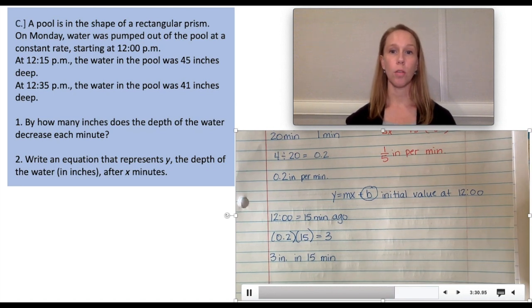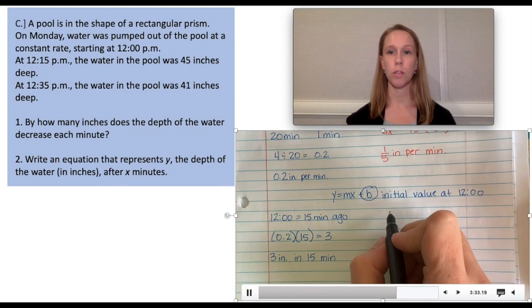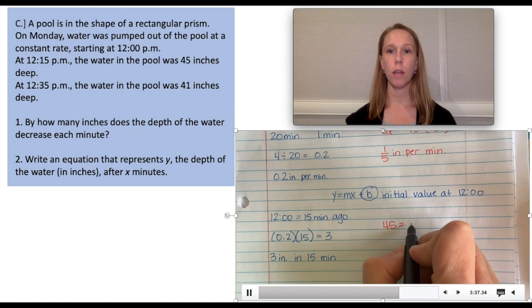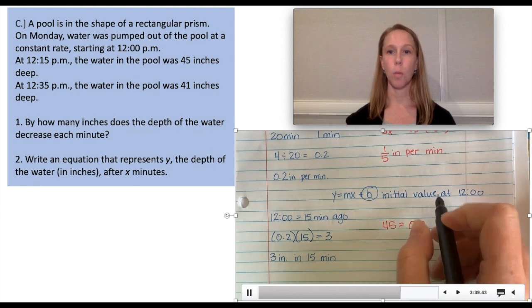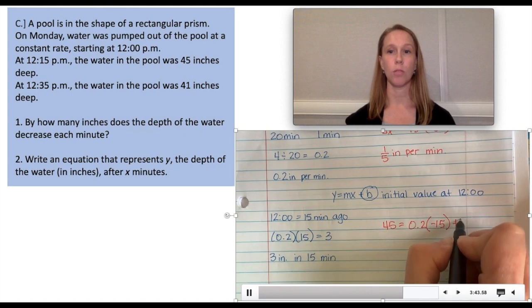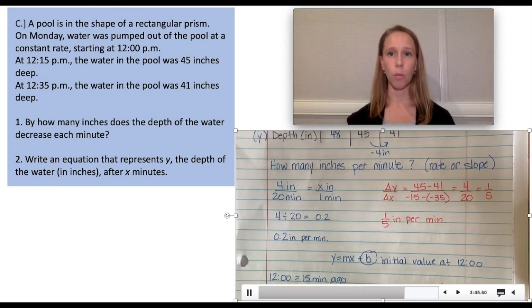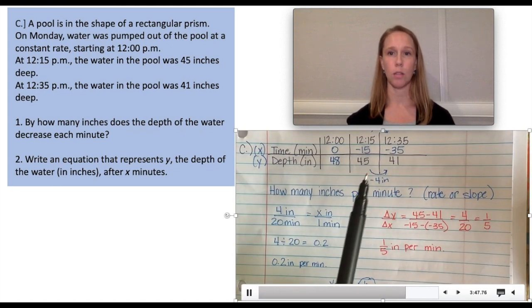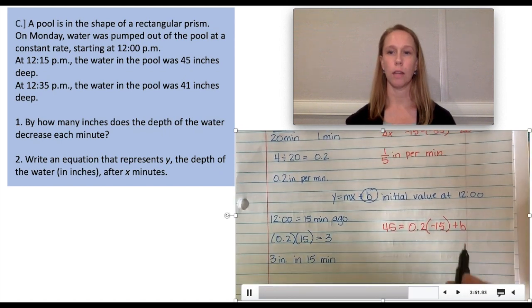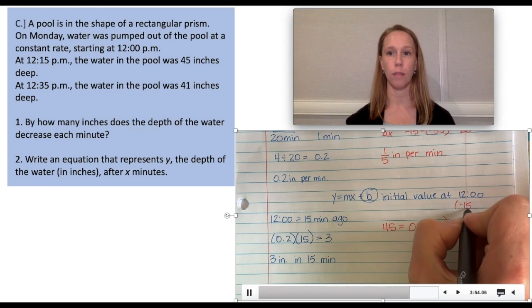I could also use my equation, just like we've been doing, to figure out that initial value. So if y is 45, my slope is 2/10, and at that point in time, I would use negative 15 for my time because I had lost 15 minutes at 12:15. So I can use those two values, that negative 15 and 45 from the table.